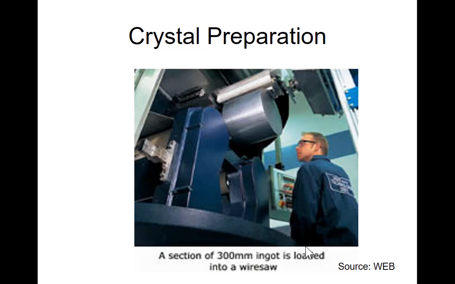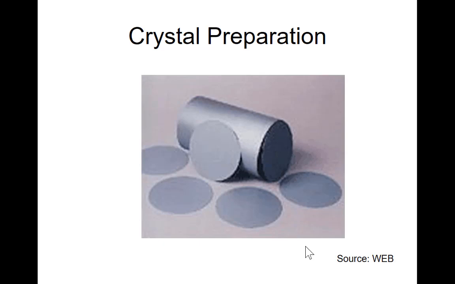Now it becomes a shiny cylinder, and then you saw it into pieces, into wafers. For different fabrication technology, you can control the thickness, 250 microns, 350 microns, etc. So you make it into these wafers. This is before, say, for example, TSMC. They will just get the wafers from somebody else.